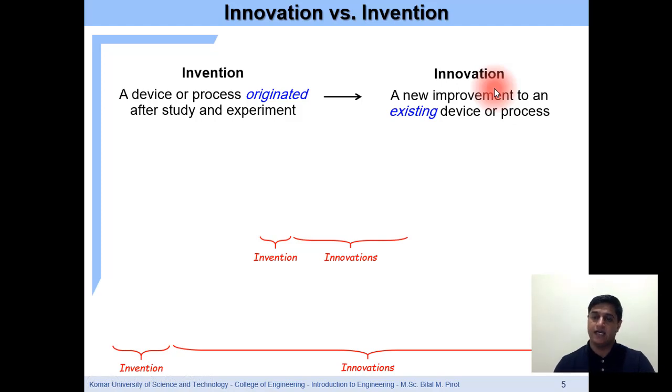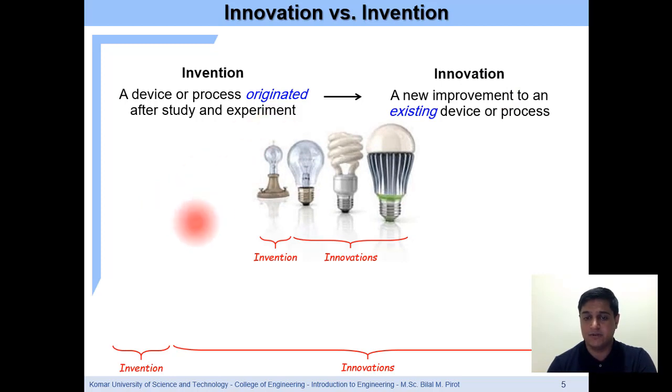Innovation means improvement, okay, doing some improvement on an existing device or process. For example, the first light bulb is invented, but the other types of light bulb are innovated. So the second one that will be produced by doing some improvement on the original device is called innovation.